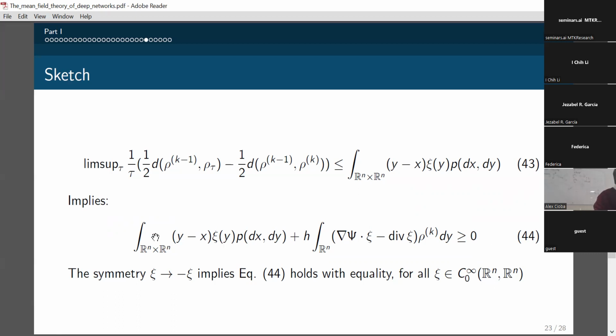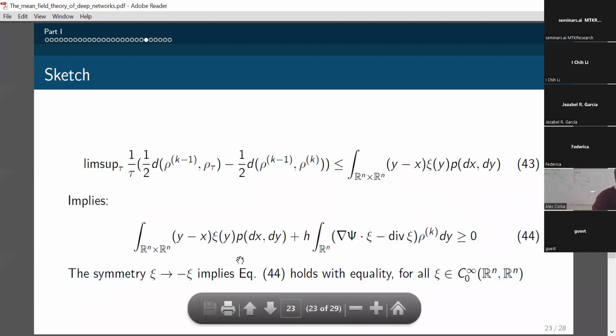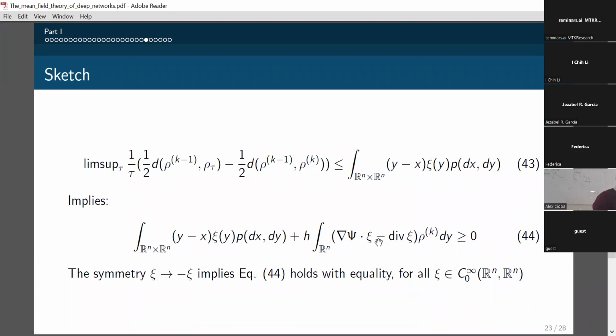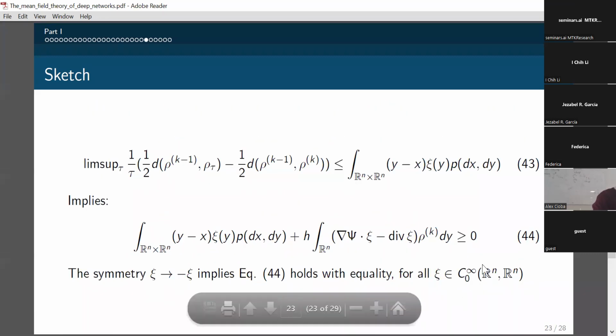And kind of weirdly enough, you get saved by the fact that this is symmetric in psi, so you can move psi to minus psi, and it means that this actually holds with equality for all test functions. Okay. Sorry, not for all test functions, for all vector fields.